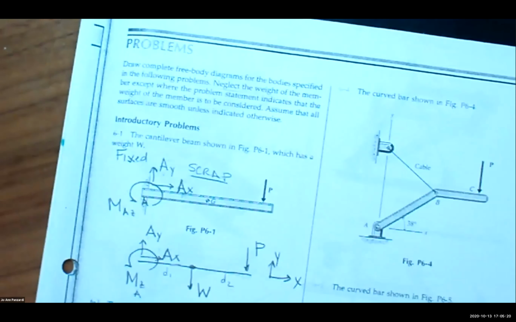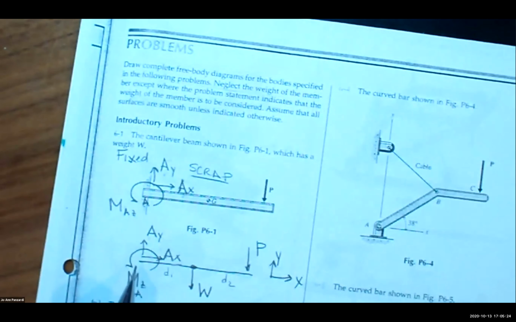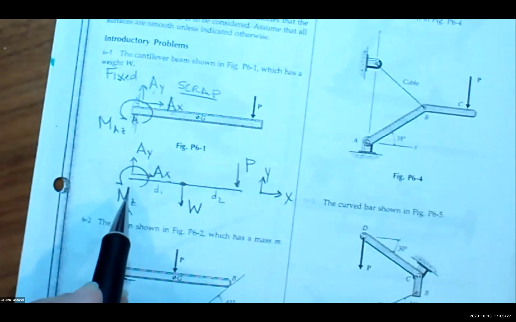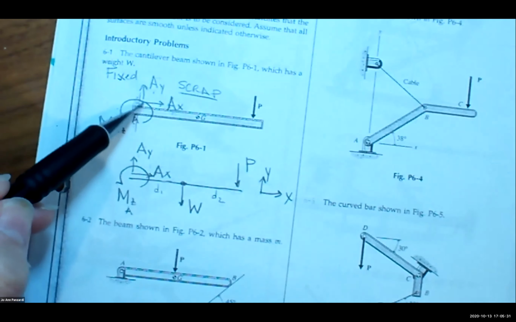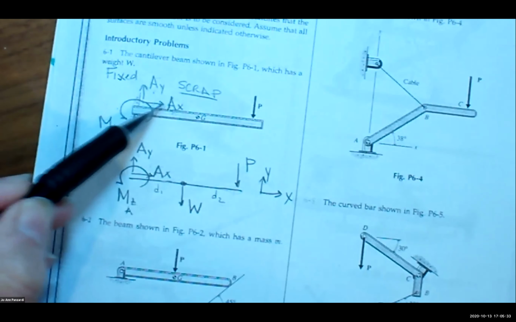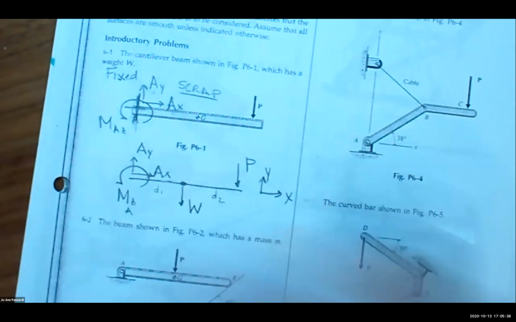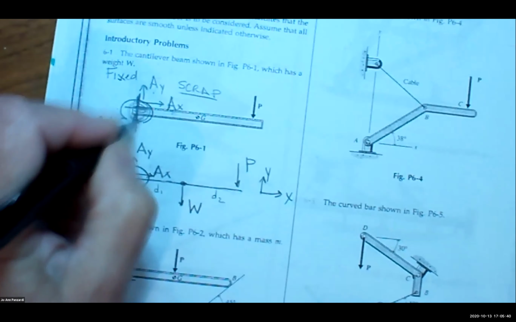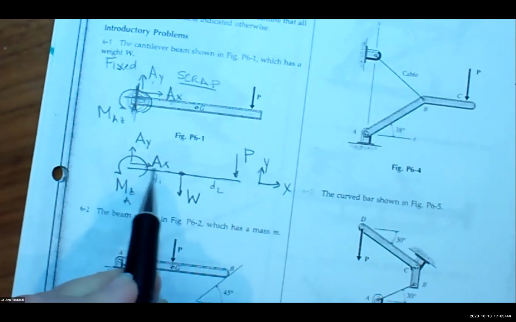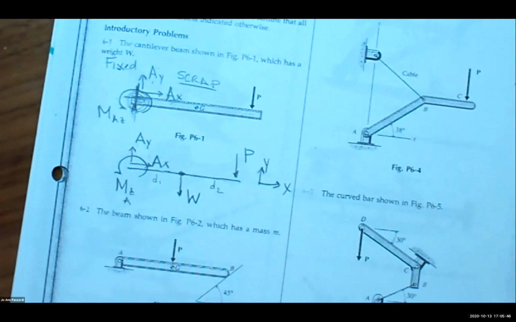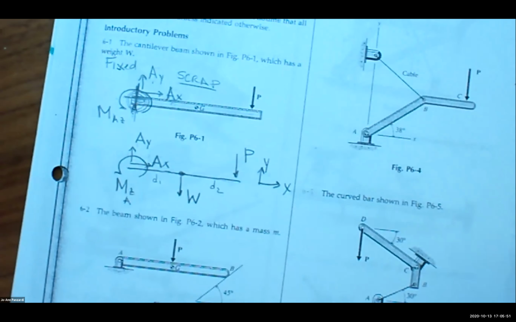Now what we're doing is we're removing the beam from its fixed support, and we have to account for that movement away, right? So there is a force in the X that's equal and opposite, a force in the Y that's equal and opposite, and a moment equal and opposite in here. So when I remove the beam from the fixed support, I have to put those 2 forces and the moment in.